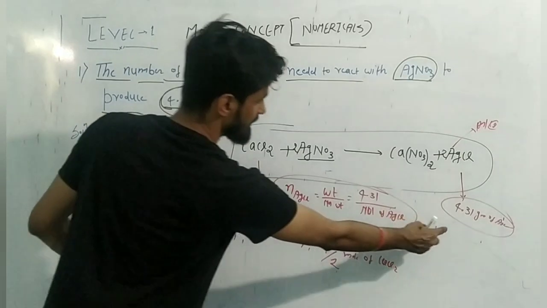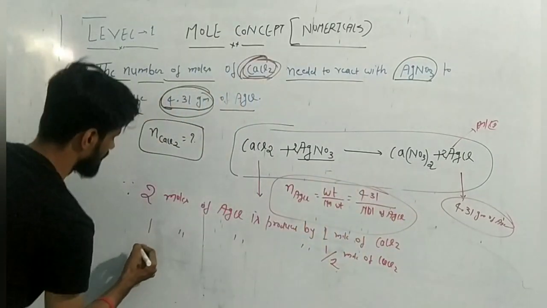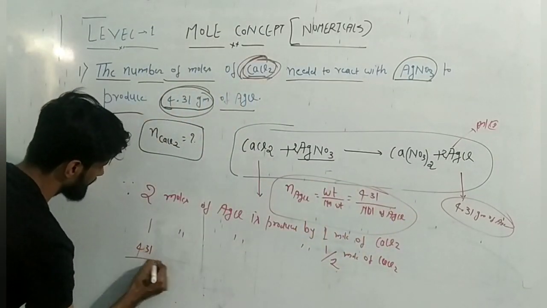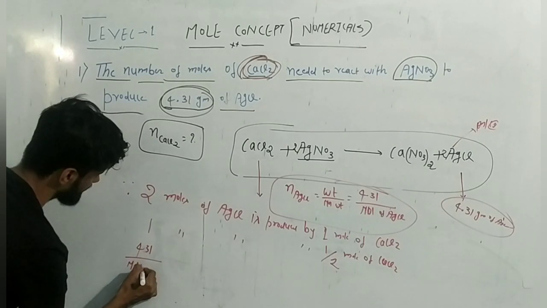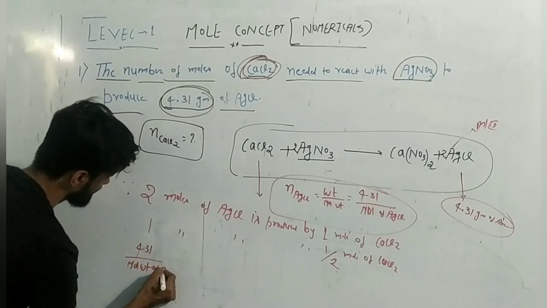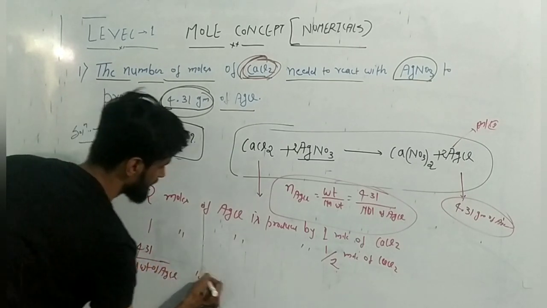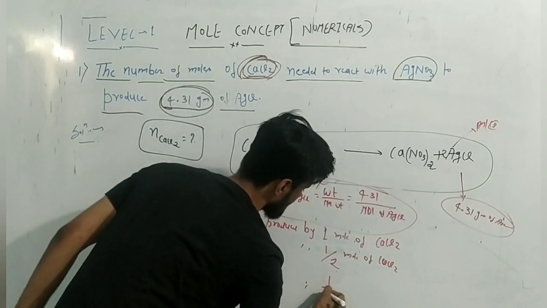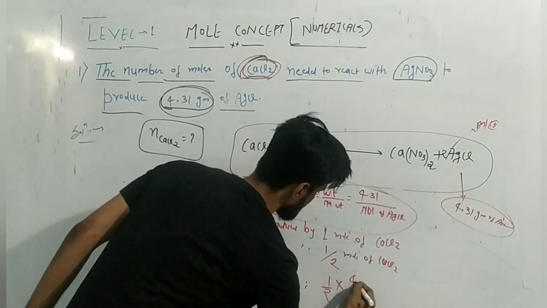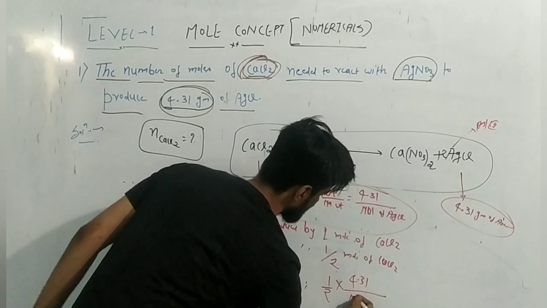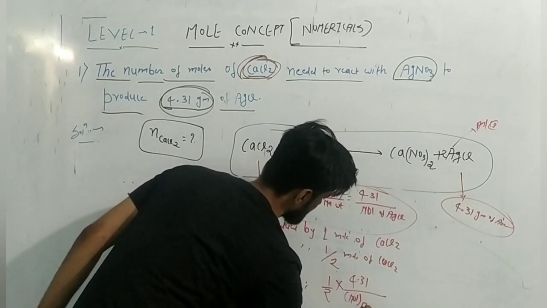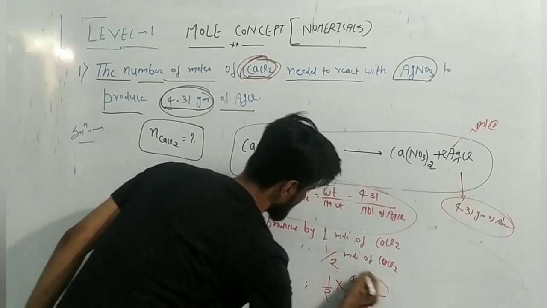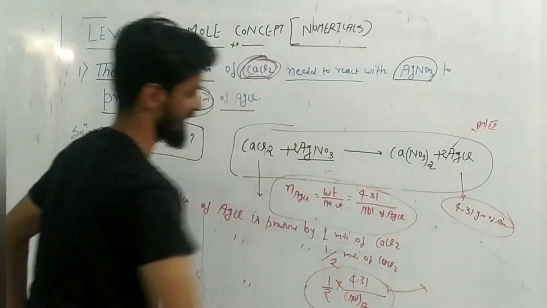So 4.31 upon the molecular weight of AgCl moles of AgCl will be produced by 1 by 2 into 4.31 upon the molecular weight of AgCl moles of CaCl2. You can calculate. Now this will be your answer.